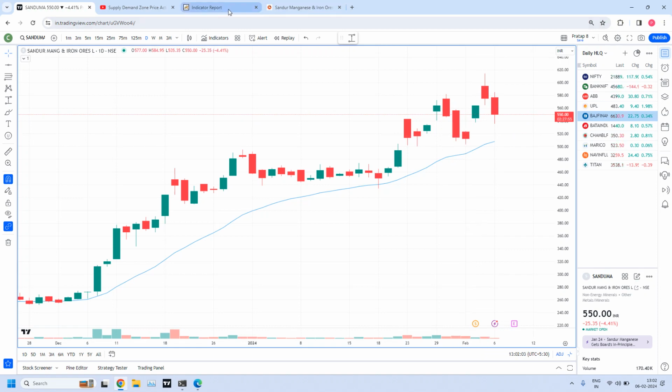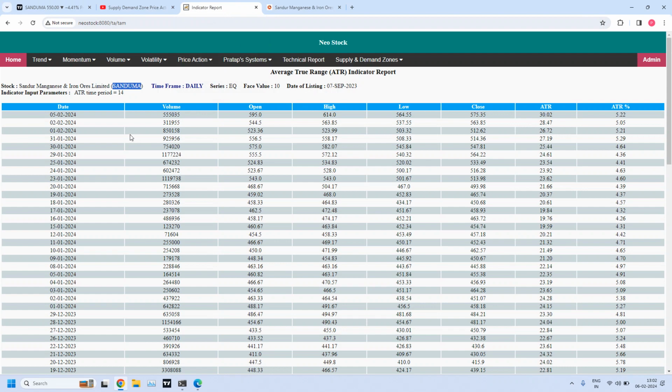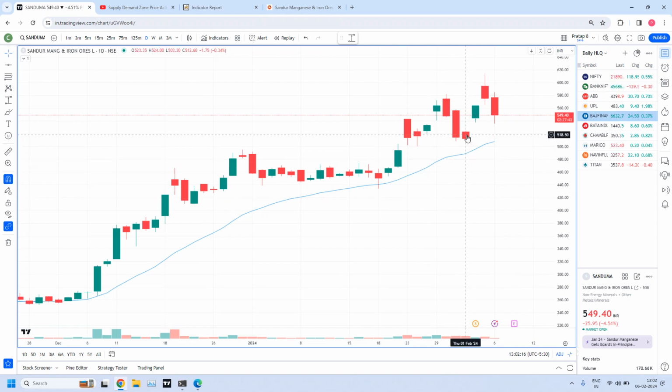And what is the NeoStock value? On first, 523.36. See here, NeoStock it is 523.36, but in TradingView it is 523.35. Look here, when I place my mouse on the candle, you have to observe open, high, low, close on the top.